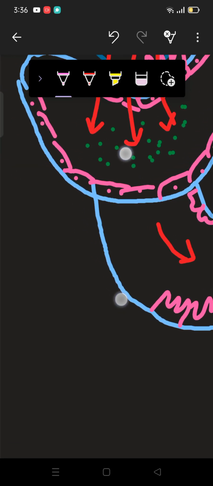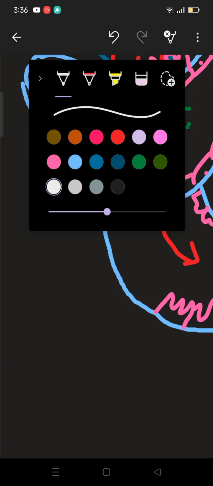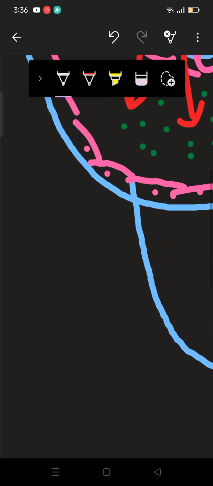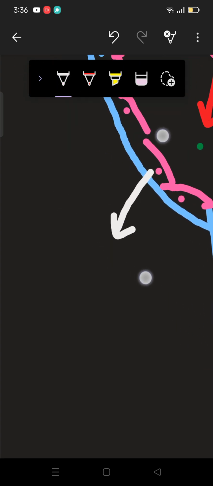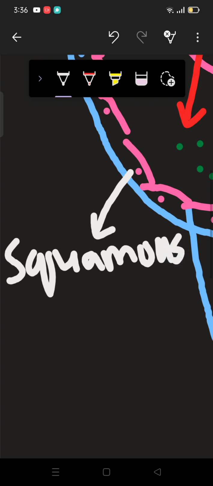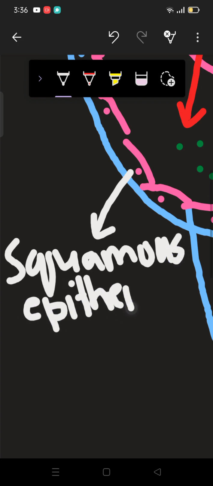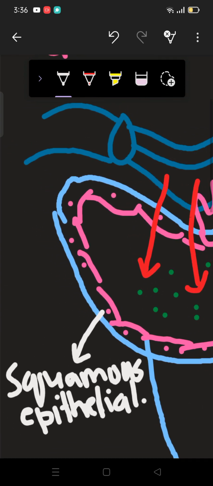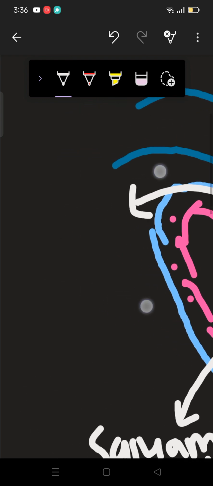So let me write here as well so that it can be clear to you. In the Bowman's capsule, we have squamous epithelial cells, but the modified version of squamous epithelial is the podocyte.